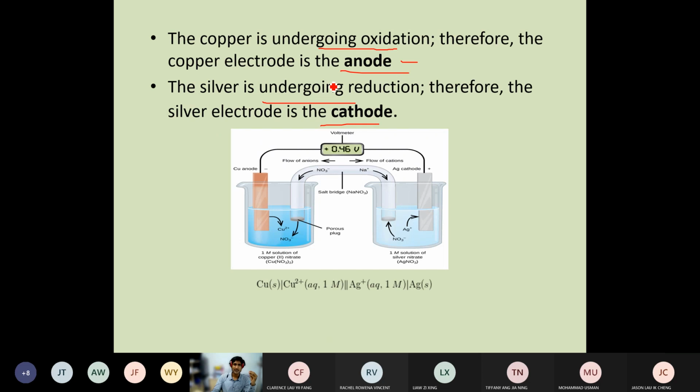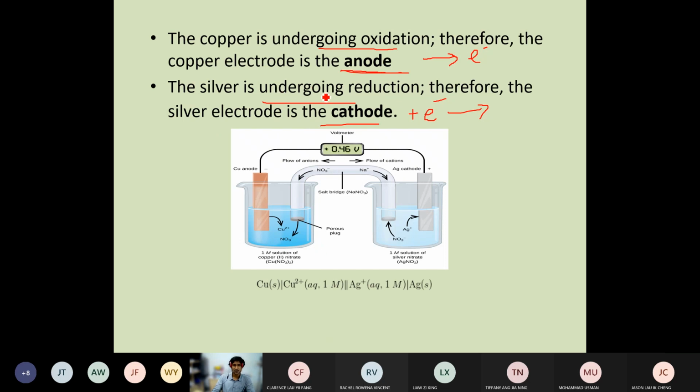Anode is donating electrons, cathode is taking up electrons and then producing something else. So anode will give up or release electrons, and cathode will take them up. Just remembering one is good enough.